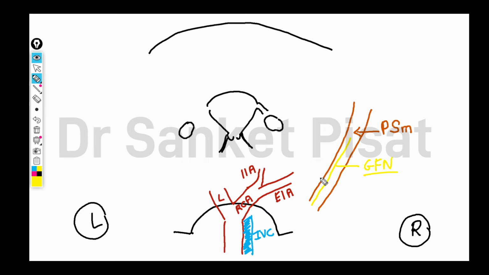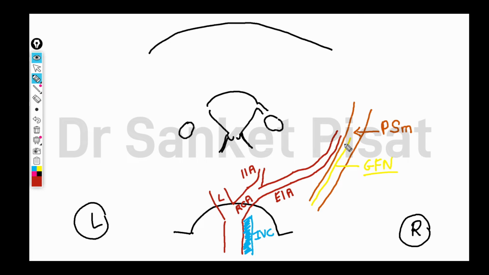more and more medially, the first structure that you are going to encounter, or rather see even in the undissected peritoneum, is the external iliac artery itself. So the external iliac artery is going to run like this. These diagrams are not to scale, they are just for the sake of teaching. So the external iliac artery is going to run this way, medial to the psoas major muscle and medial to the genitofemoral nerve.